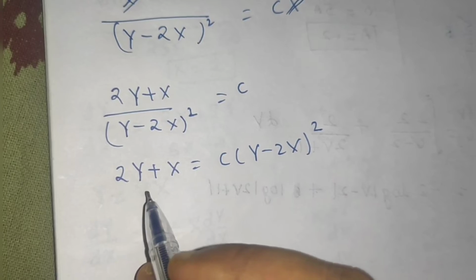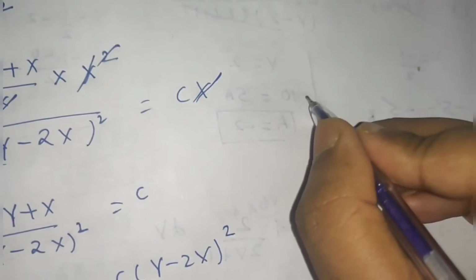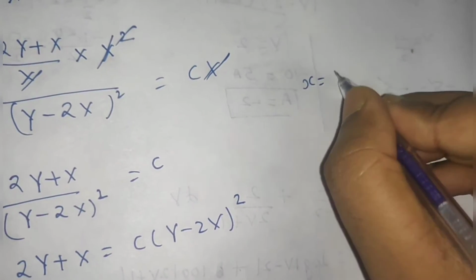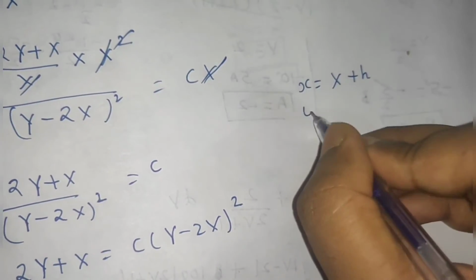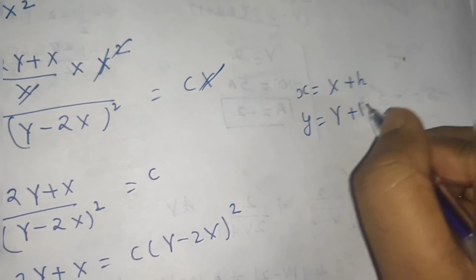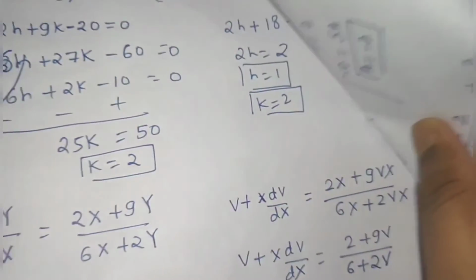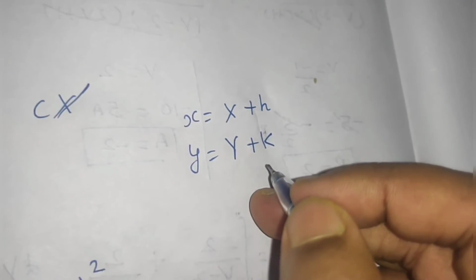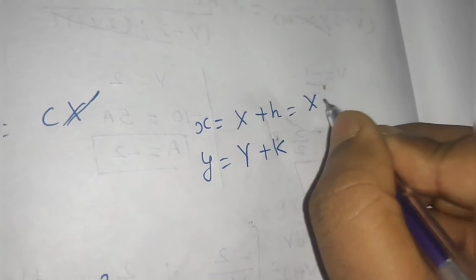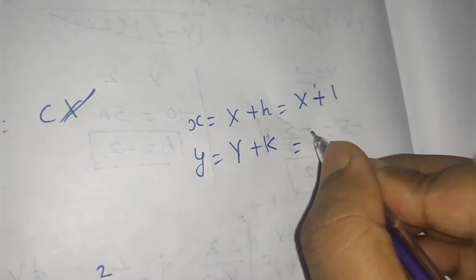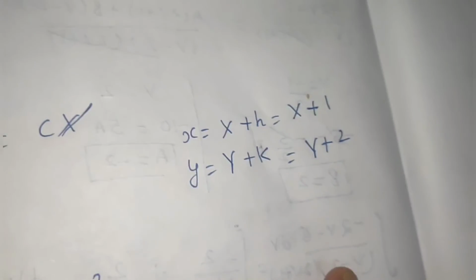Now what was the value of x and y? So your x was capital X plus h and y was capital Y plus k, and we got the values of h as 1 and k as 2. So this is capital X plus 1, this is capital Y plus 2.